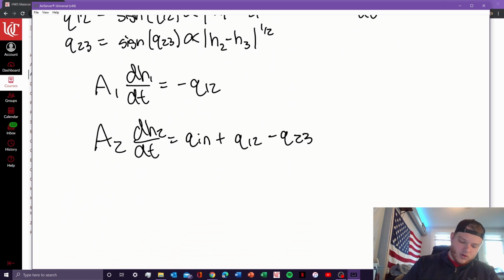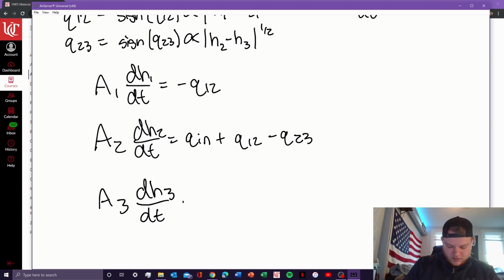And then for tank 3, again, same deal, except this time we just have the flow between tanks 2 and 3 and then the flow out of tank 3. So the flow between 2 and 3 is positive for tank 3, minus the flow out of tank 3.